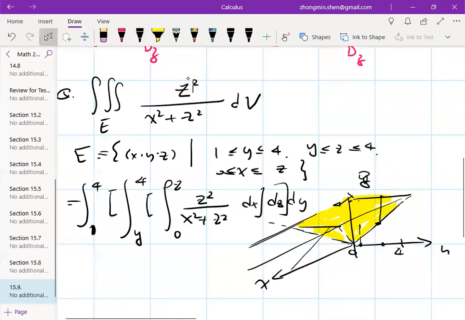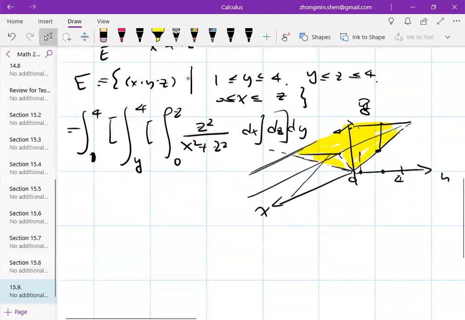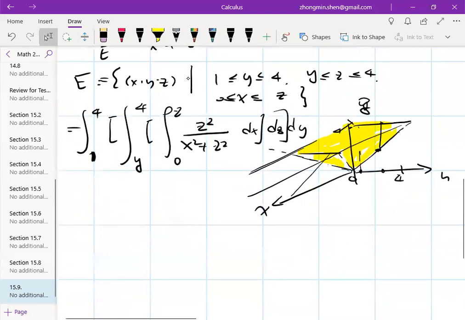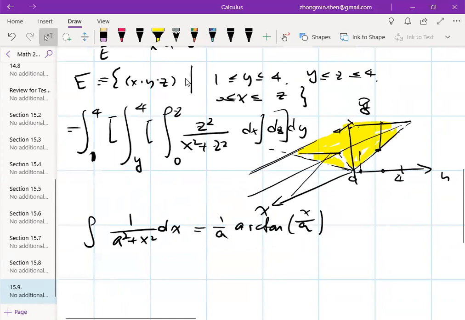So the question is, how do you evaluate this iterated integral? First of all, you have to recall this formula. The integral of 1 over a squared plus x squared is 1 over a arctangent of x over a, plus constant.